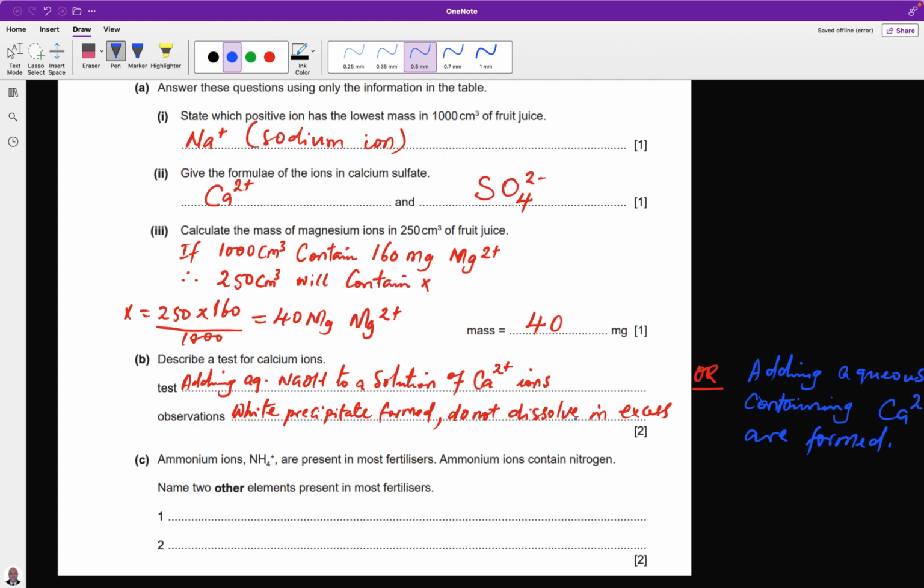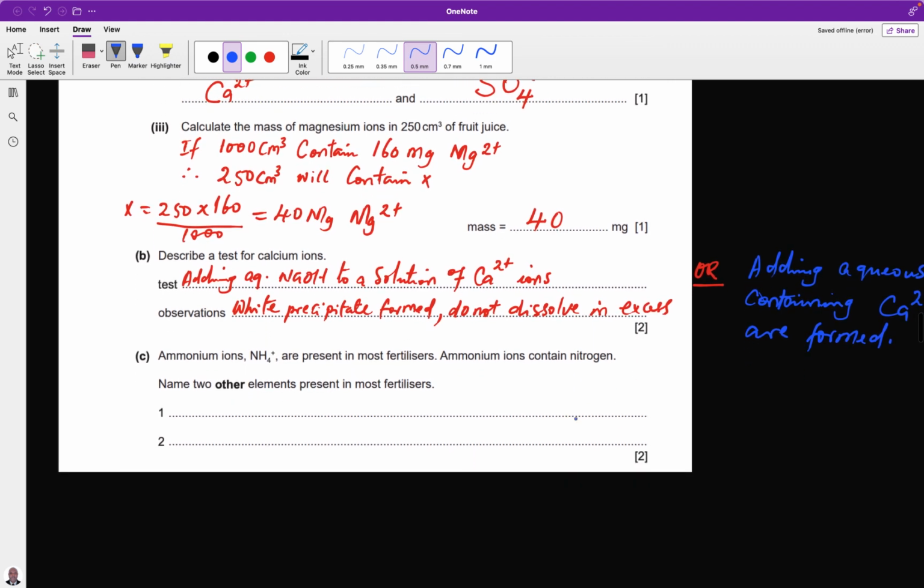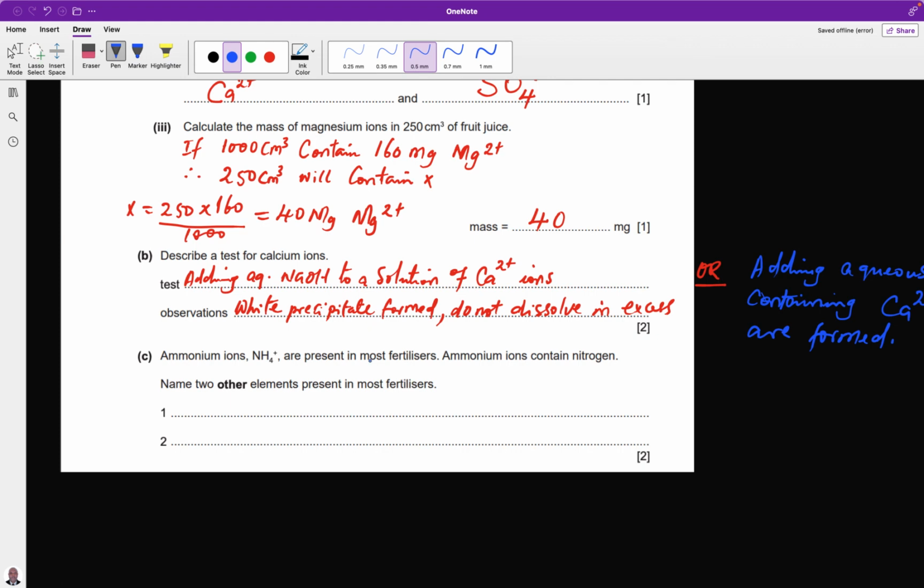Then ammonium ion, 4C. Ammonium ion are present in most fertilizer. Ammonium ion contain nitrogen. Name two other elements present in most fertilizers. Obviously you should know about NPK. N is nitrogen, P is phosphorus, and K is potassium.